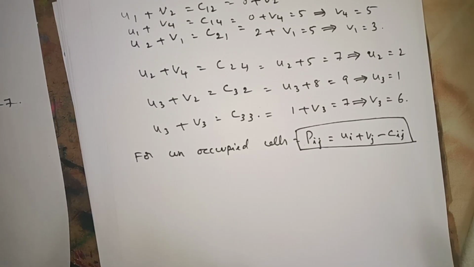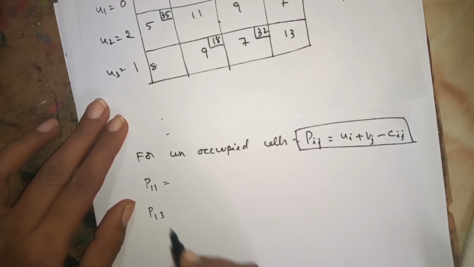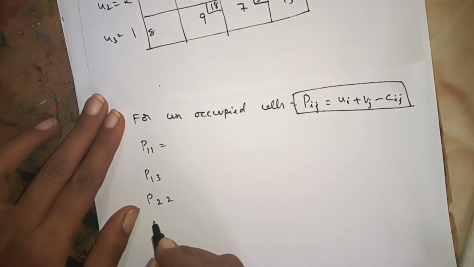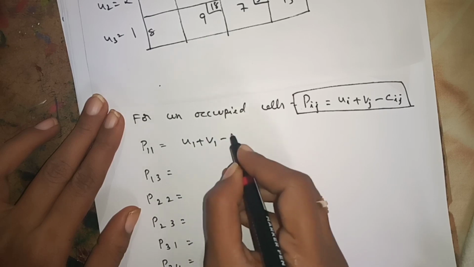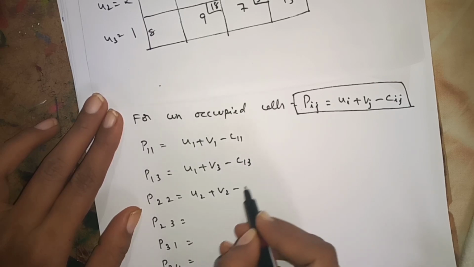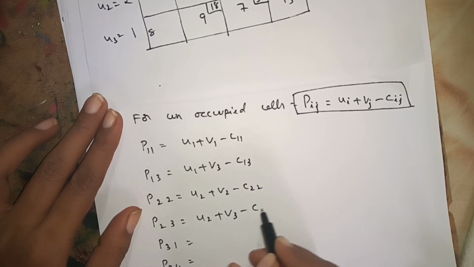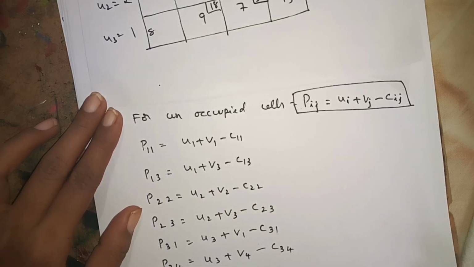Wherever unoccupied cells are there, P11, first row, first column, is unoccupied, then P13, next P22, P23, P31, third row, first column, and P34. So U1 plus V1 minus C11, U1 plus V3 minus C13, U2 plus V2 minus C22, U2 plus V3 minus C23, U3 plus V1 minus C31, U3 plus V4 minus C34.